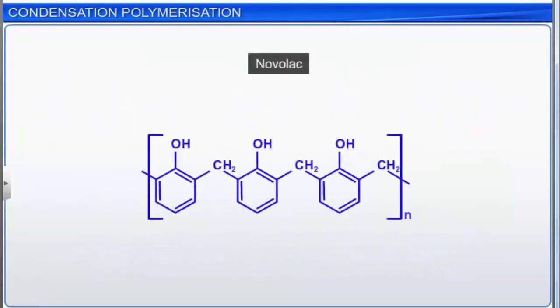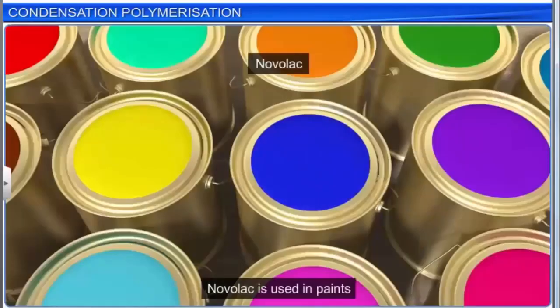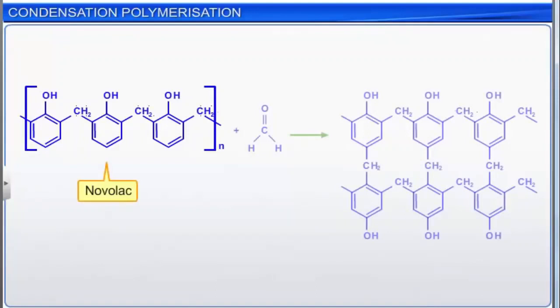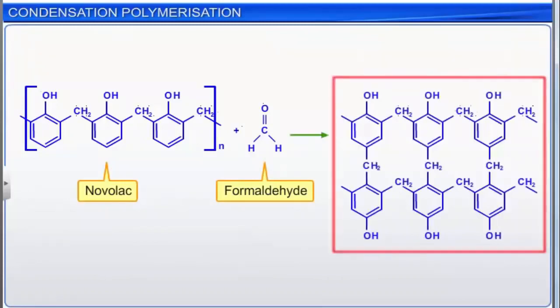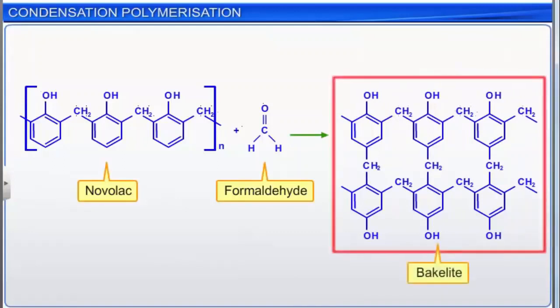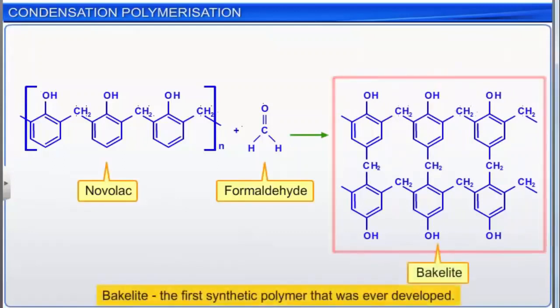For example, the linear structure shown here, known as Novolac, is used in paints. When Novolac is heated with formaldehyde, many cross-links between the chains develop. This cross-linked, rigid three-dimensional structure is called bakelite, the first synthetic polymer that was ever developed.